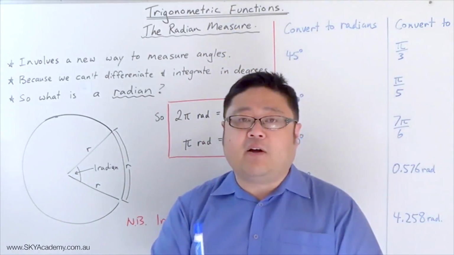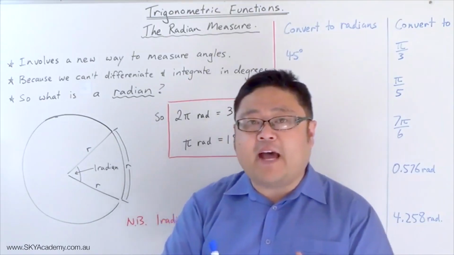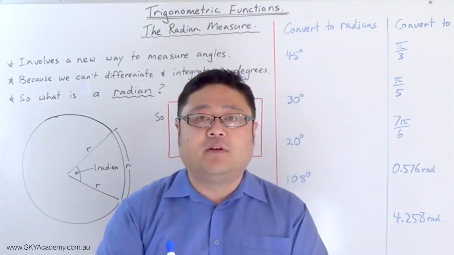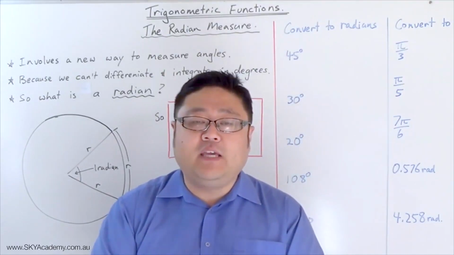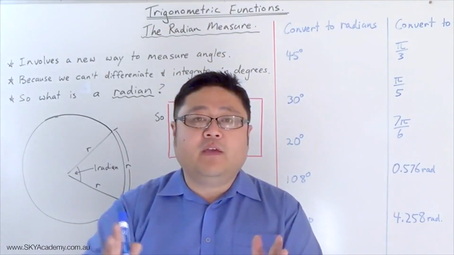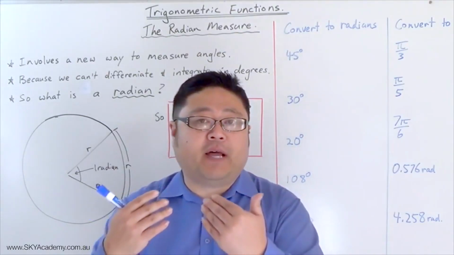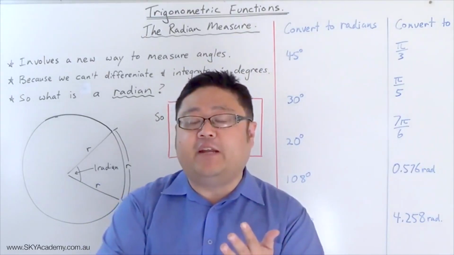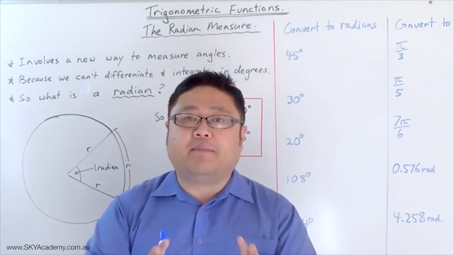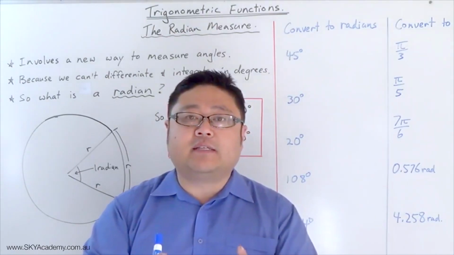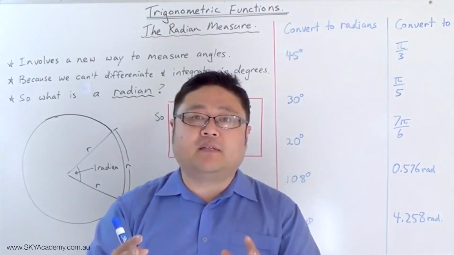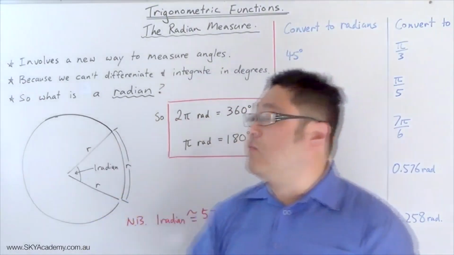I want to start off by saying we have to introduce a new way of measuring angles. The reason is that with trigonometry, if you were to apply calculus to it, if you were to differentiate or integrate it, you wouldn't be able to do so unless you were differentiating or integrating with respect to our new measure, which is called radians.